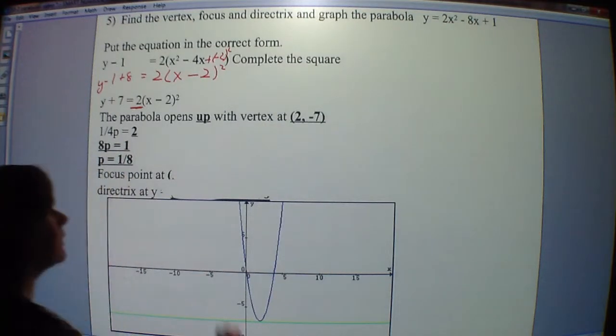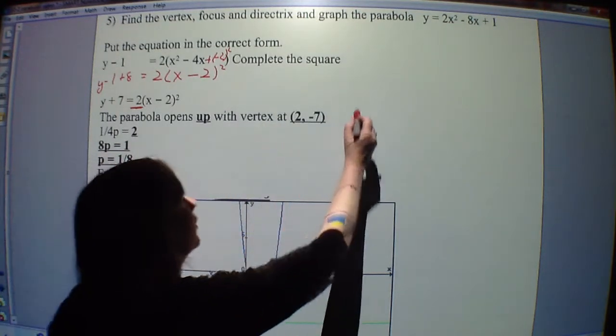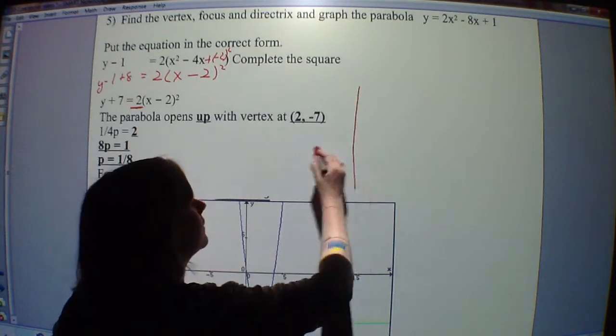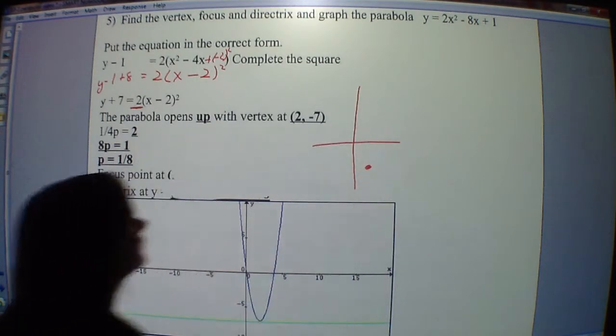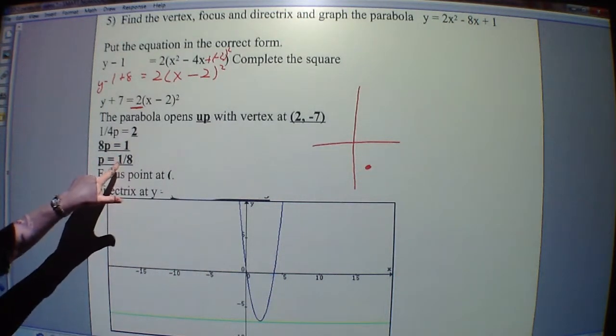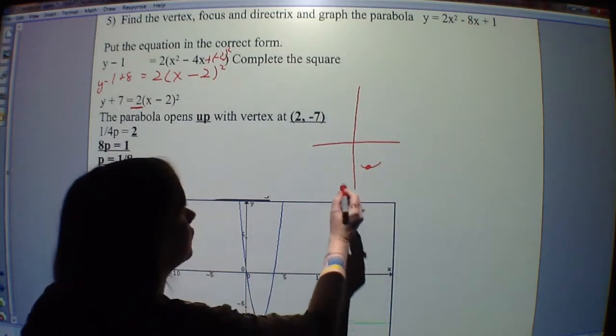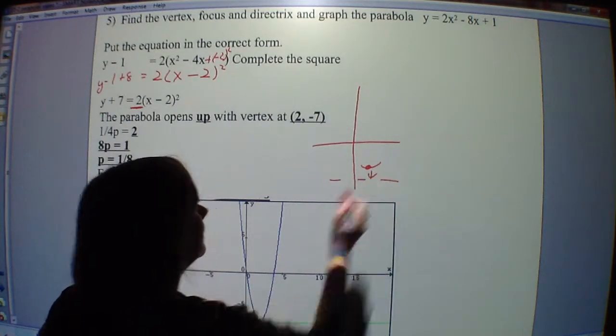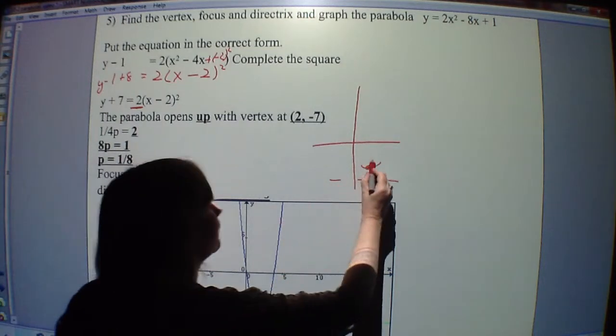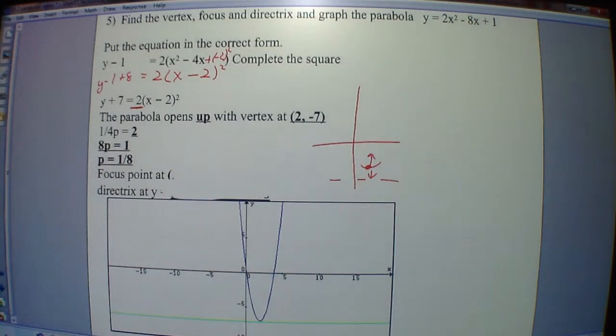And remember, if I were graphing it, and I didn't have the graph here, (2, -7) is that point right there. I know it opens upward. So if I go 1/8 this way, I'll be at my directrix. If I go 1/8 this way, I'll be at my focus. Definitely not to scale what I'm doing in red, but I just want to show you the idea.